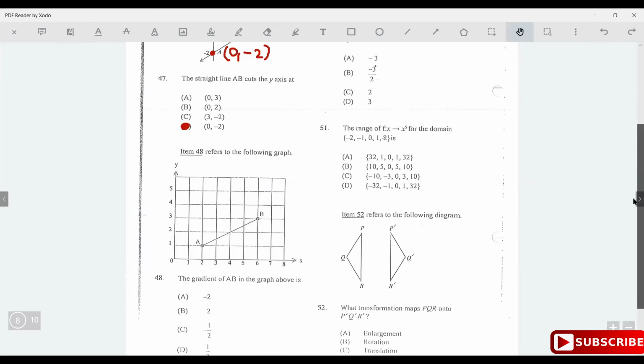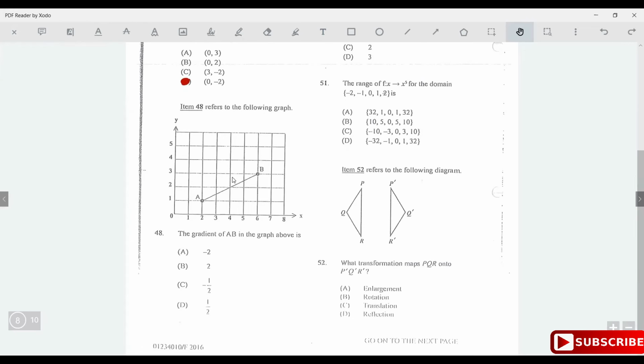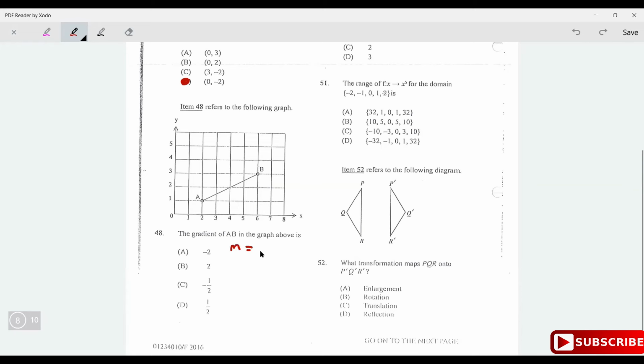It says the gradient of this line AB. Question 48. Find the gradient of the line AB. Just remember the gradient formula. The gradient formula is given by m is equal to y2 minus y1 over x2 minus x1. That's how you find gradient.